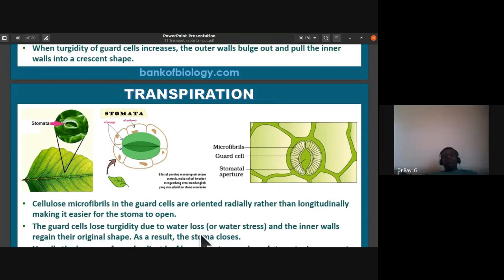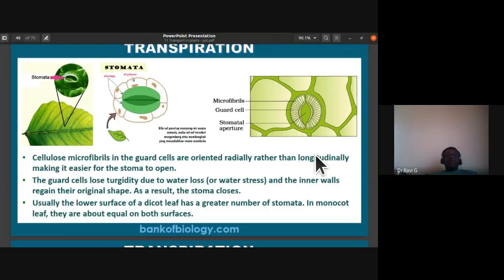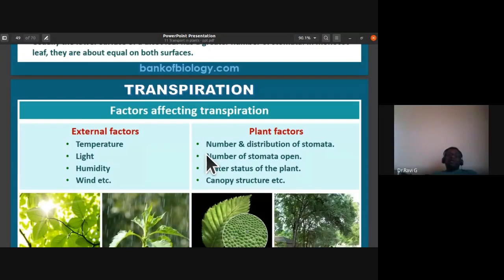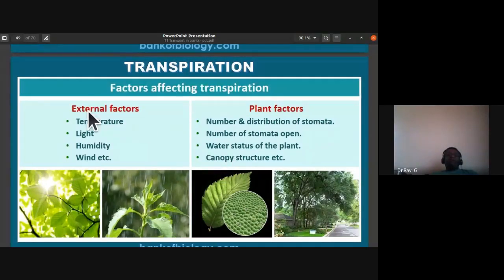The guard cells lose turgidity due to water loss or water stress, and the inner walls regain their original shape, especially during the night time. Okay, the lower surface of a dicot leaf has a greater number of stomata. In a monocot leaf, both upper and lower epidermis have equal distribution of stomata.